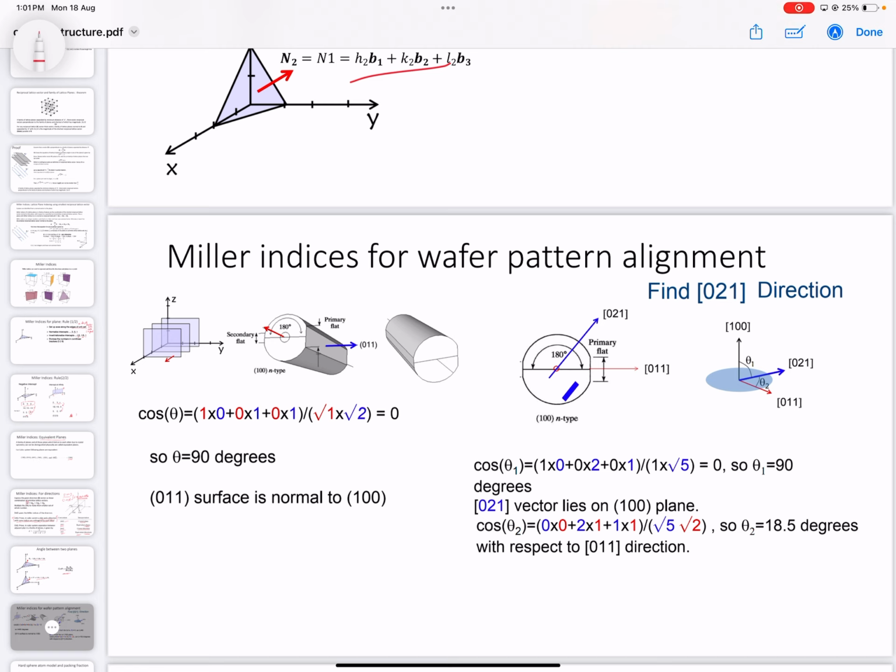Let us say it is grown along the 100 direction, because the fabrication process is such that you grow it in a specific direction, right? And there I can say, give me a wafer grown in the 100 direction, or give me a wafer grown in the 111 direction, right? Then I will go to the crystallographer, and they will give me the growth rate.